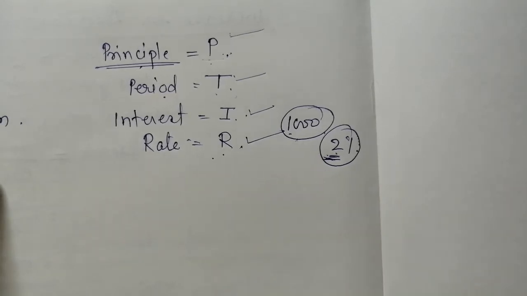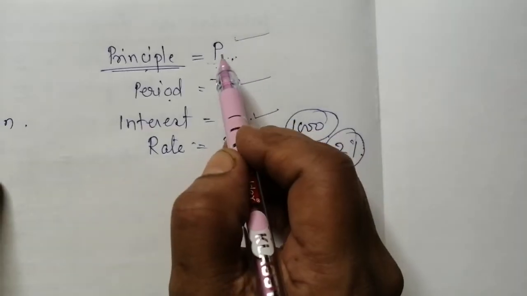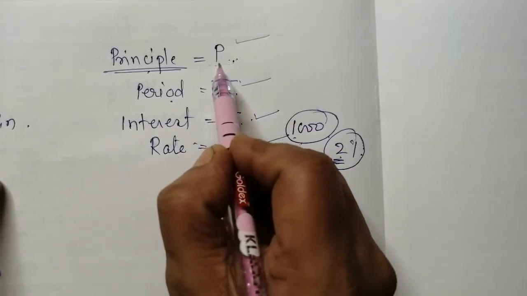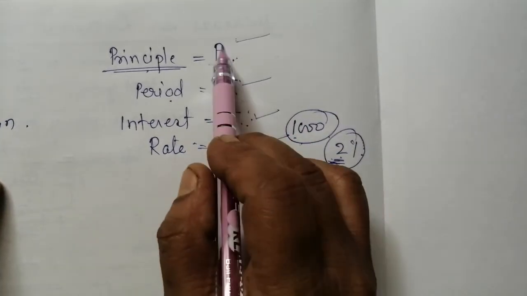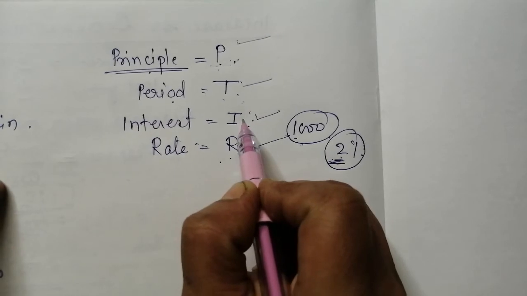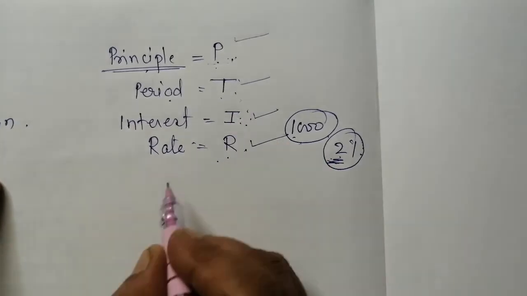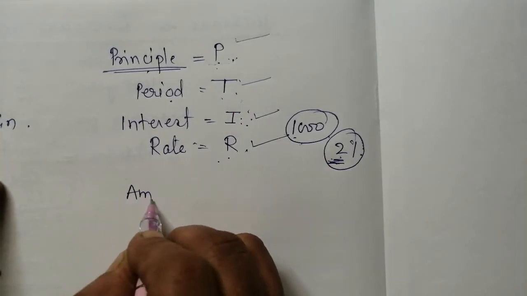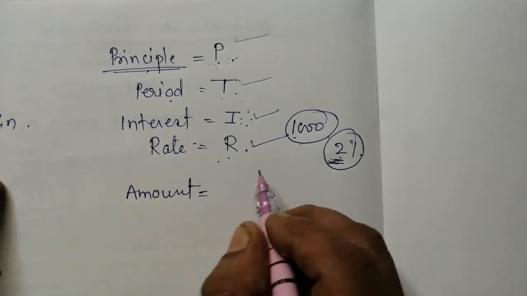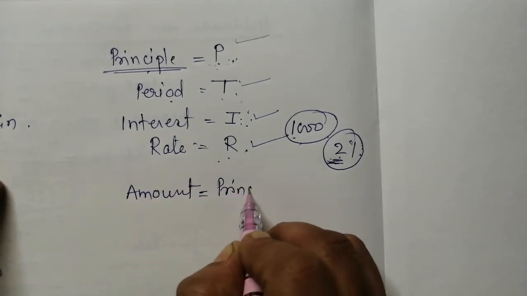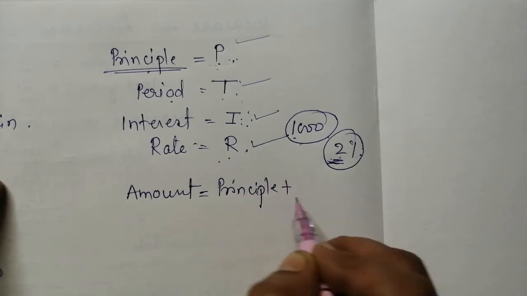After a certain time, whatever principal you have taken plus your interest, total principal plus interest, you are going to give back. That means the amount which you are going to return is equal to principal plus interest.